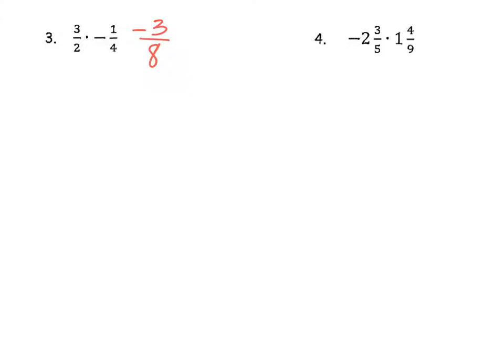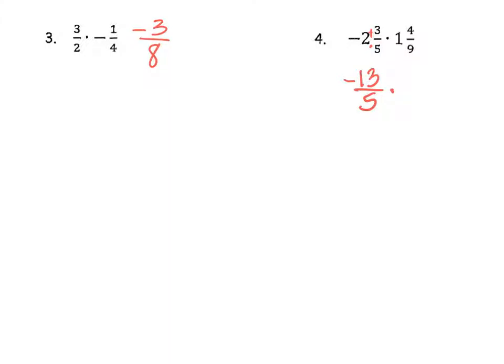Okay. Number 4. Ooh, can't keep them as mixed numbers. Change them now to improper fractions. 2 times 5 plus 3. 2 times 5. 10 plus 3. So it's 13 over 5, and it was a negative to start. We got to keep the negative.